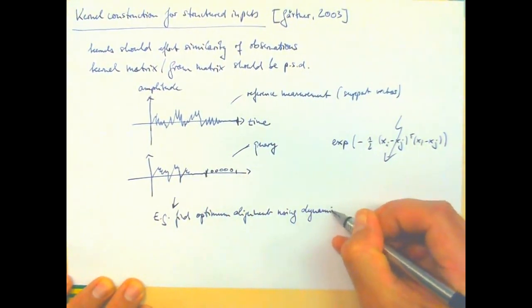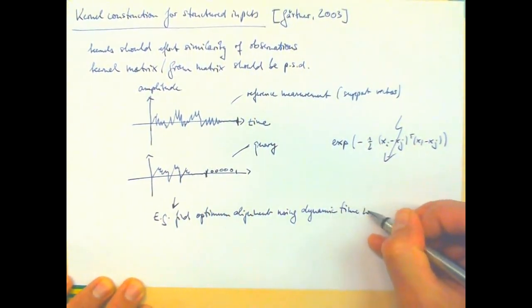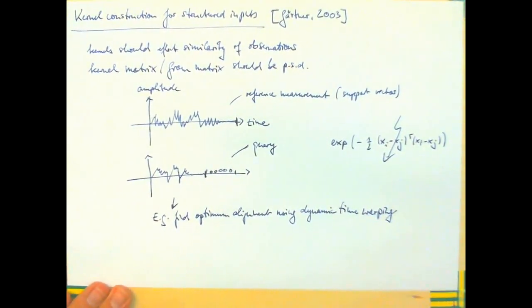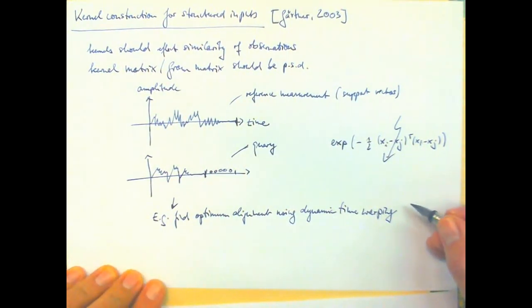You don't need to remember this in detail. I'm just giving this as an example here. This is something that, as the name suggests, can be computed with dynamic programming, and you get out a cost or a distance, and you could then convert this into a similarity. For example, in the language of Gärtner, this would be a syntax-driven kernel.